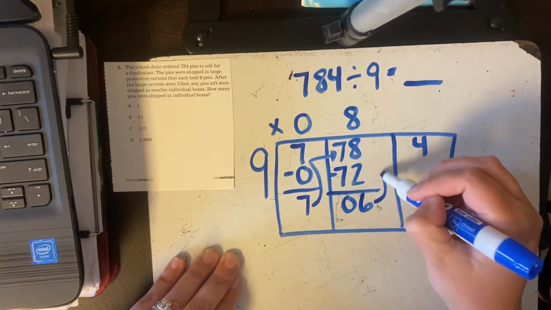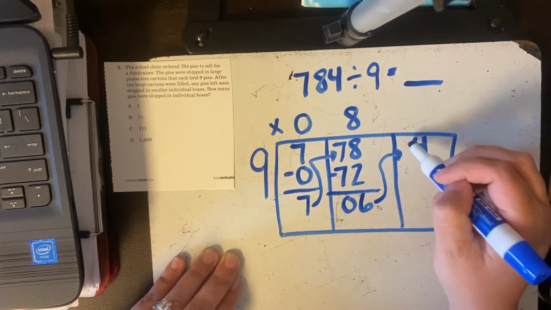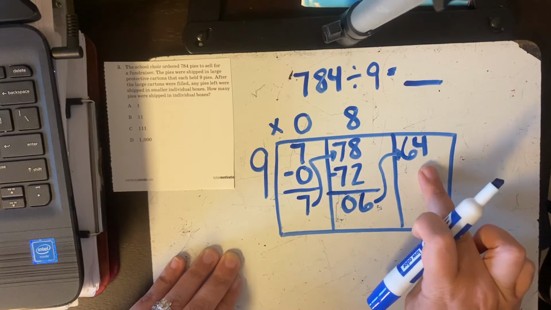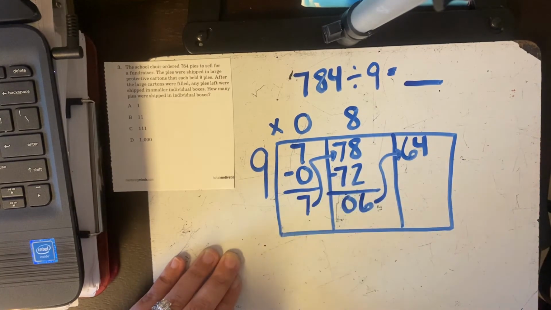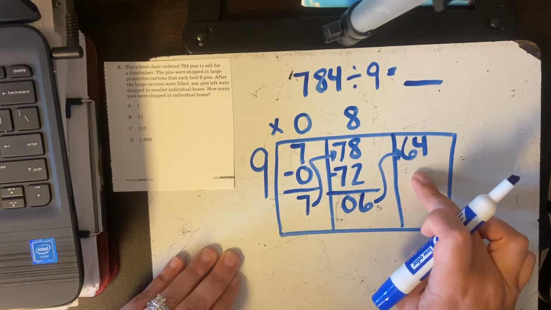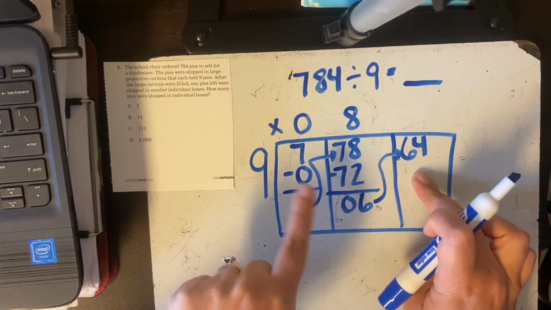So bring your 6 over to your 4 to make 64. So now we've got to think, if I have a total of 64, how many groups of 9 can I make? I know 9 times 5 is 45, 9 times 6 is 54, 9 times 7 is 63. That's going to get me really close, because we can't do 9 times 8.